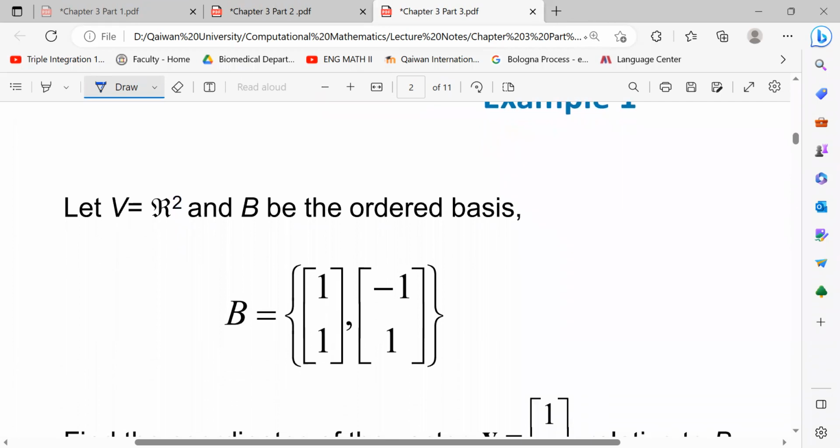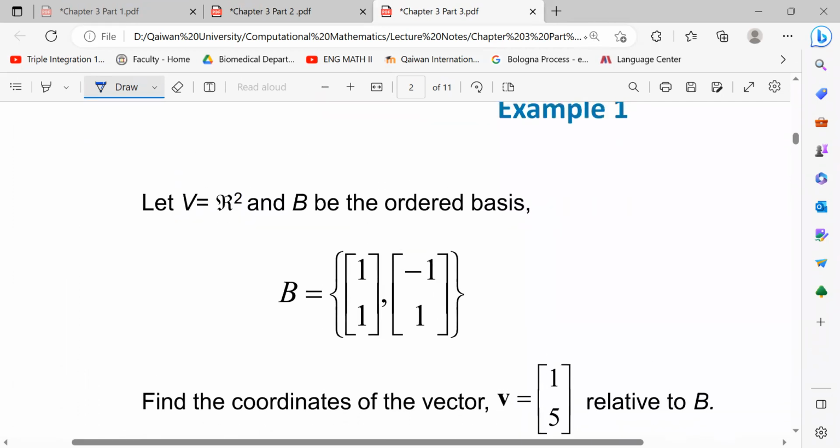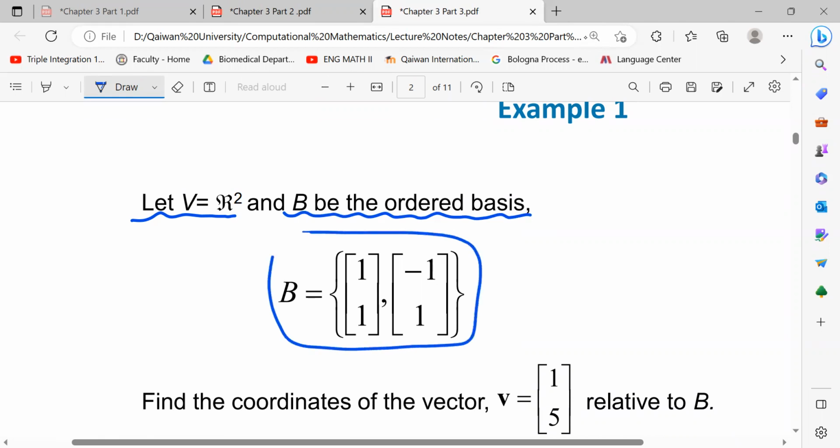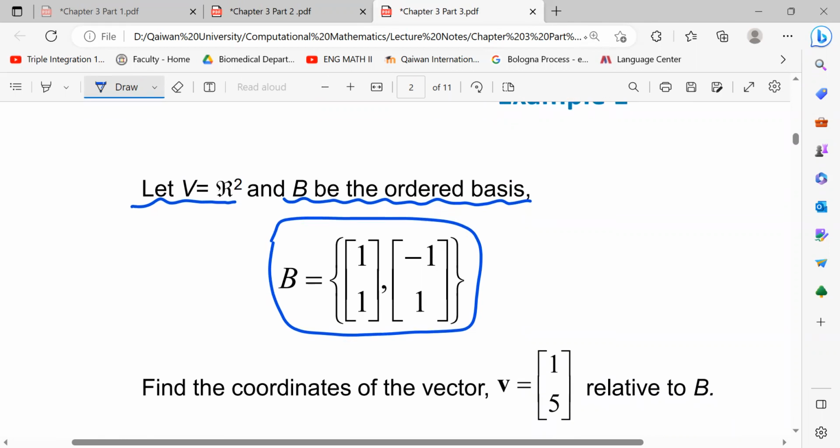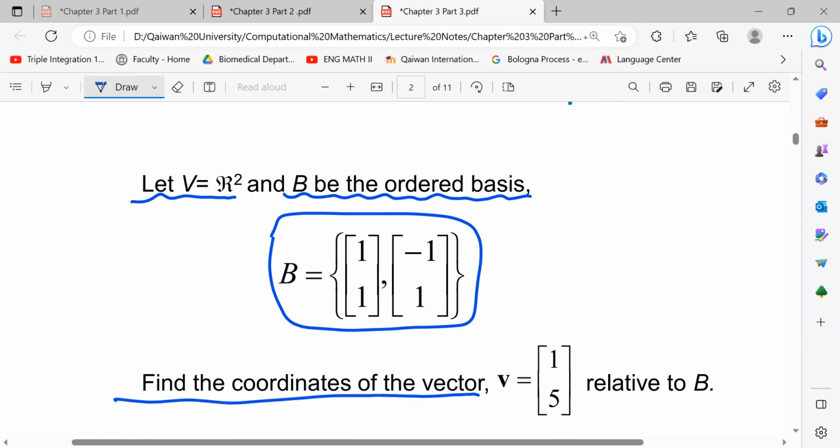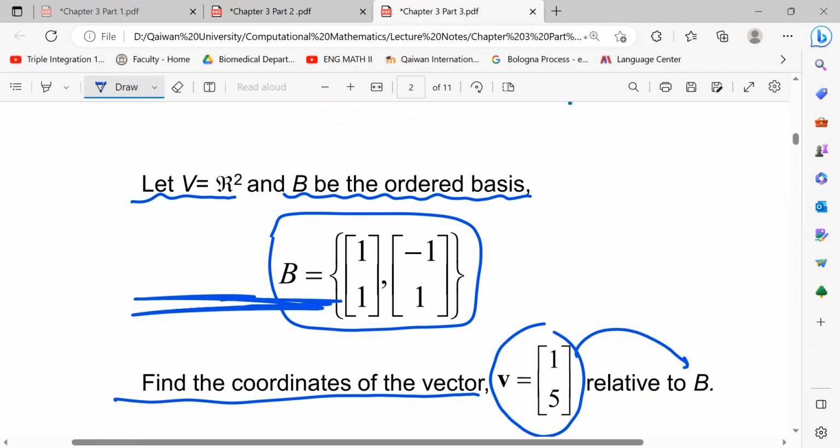Now, look at this example. It says, let V be R2 and B be the ordered basis. This is B. This is the basis. It says, find the coordinates of vector v relative to B. What do we do?